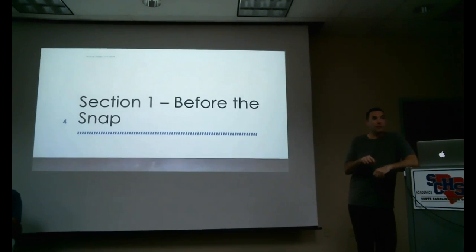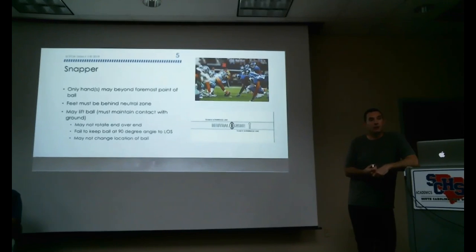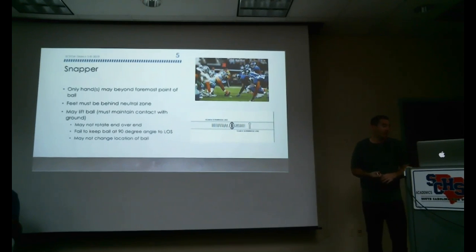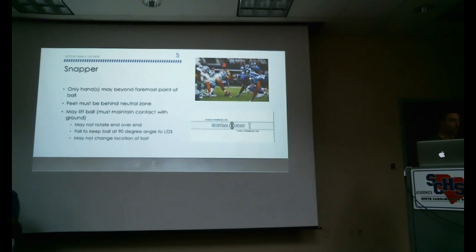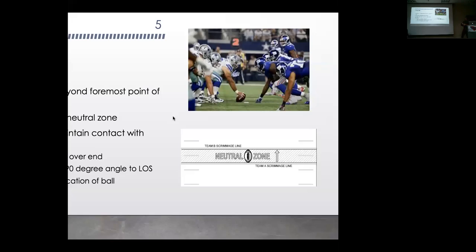For the snap, section 1, the snapper is kind of a unique player. Only his hands may be beyond the foremost point of the ball. Feet must be behind the neutral zone. He may lift the ball, but must maintain contact with the ground. So, the ball's on the ground like this.